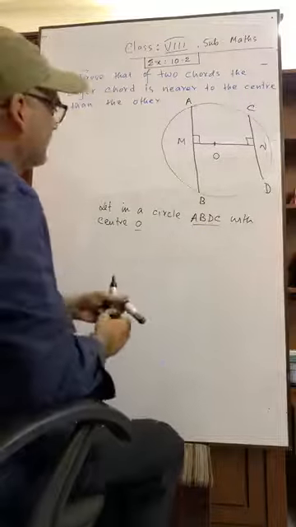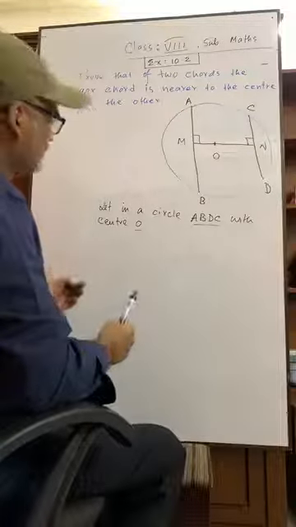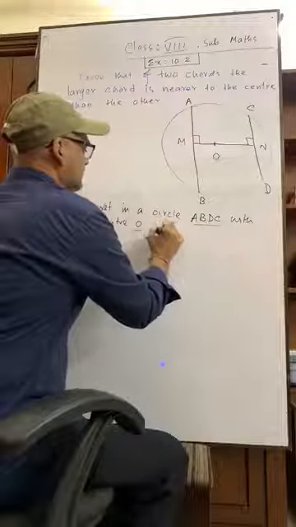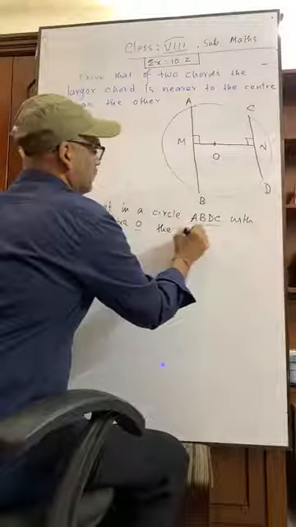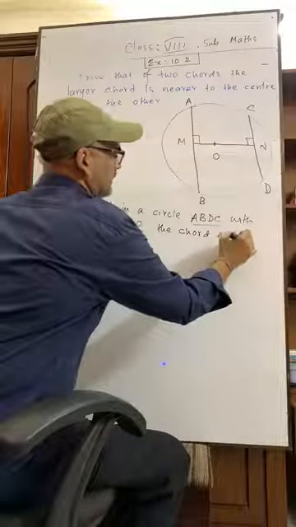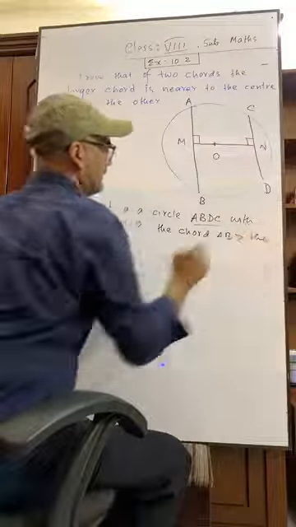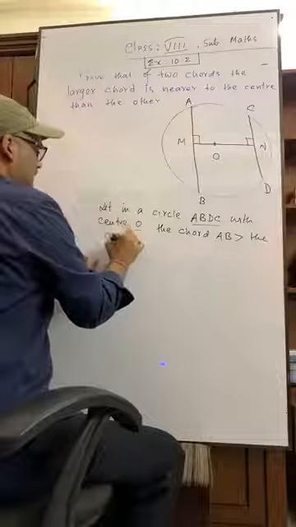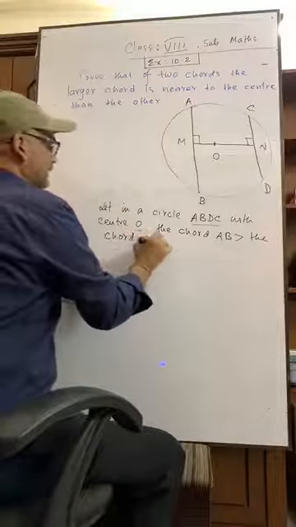Let in a circle ABDC with center O, the chord AB greater than the chord CD.